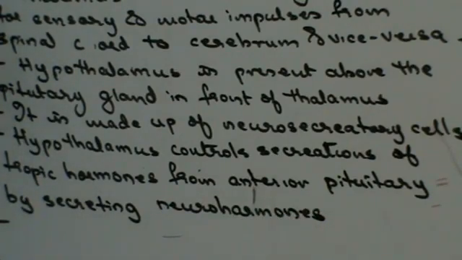It controls the autonomic nervous system, such as regulation of body temperature, hunger, thirst, sleep, fatigue, emotions, satisfaction, anger, pleasure, fear. All this is controlled by the hypothalamus.